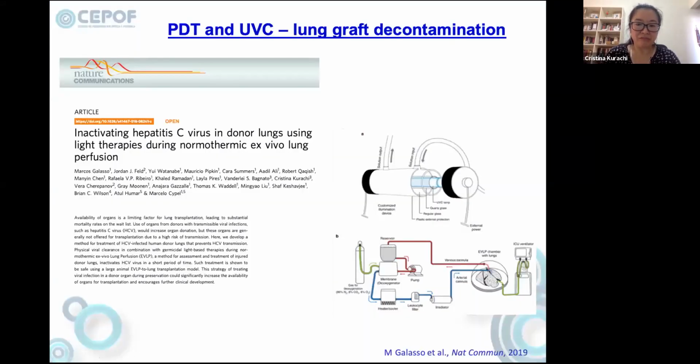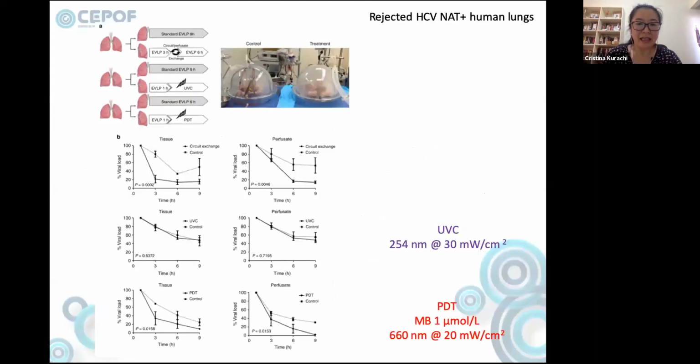For those who want more detailed information, it's reported in this paper. For both of the photonic techniques that we developed, as you can see here, both in the tissue, but mostly in the perfusate, we had a decrease in the viral load.